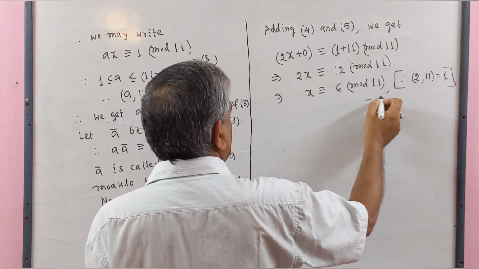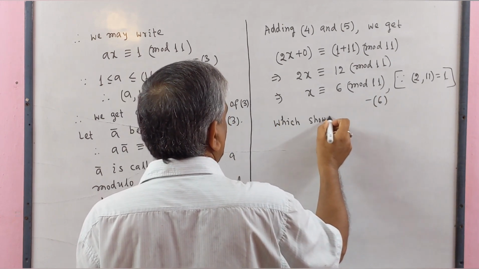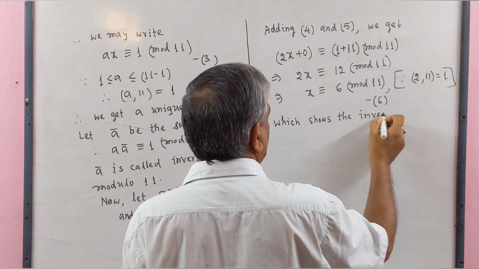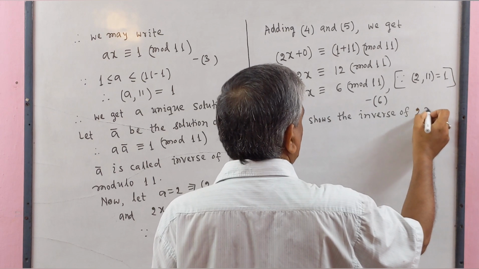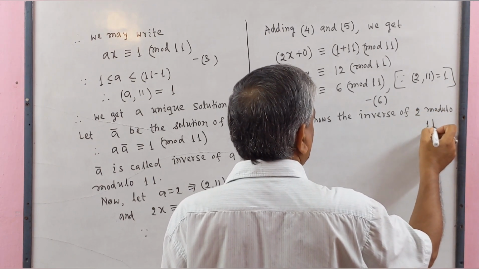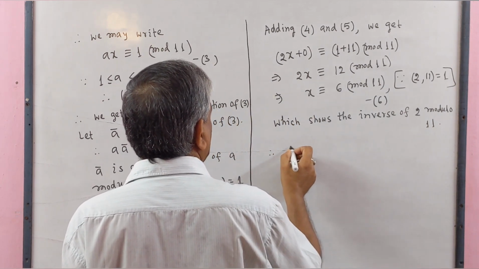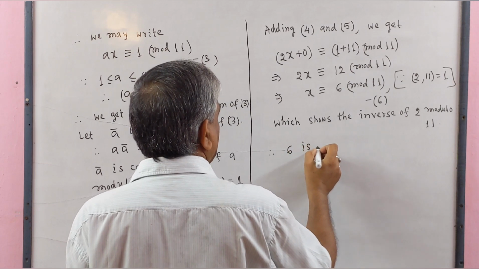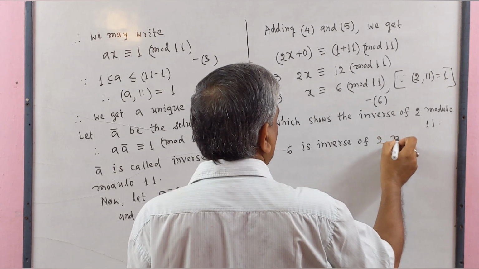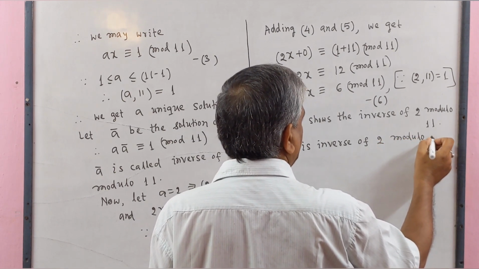This is number 6, which shows the inverse of 2 modulo 11. Therefore, 6 is inverse of 2 modulo 11.